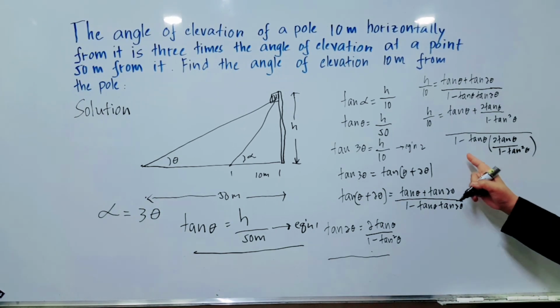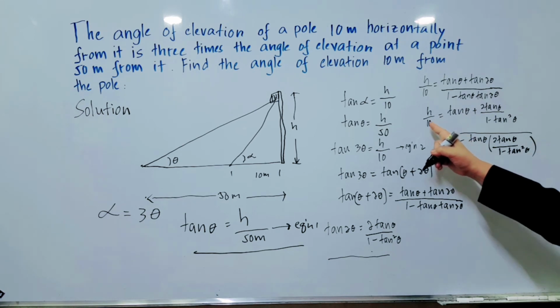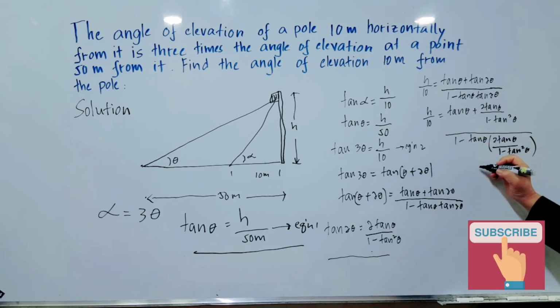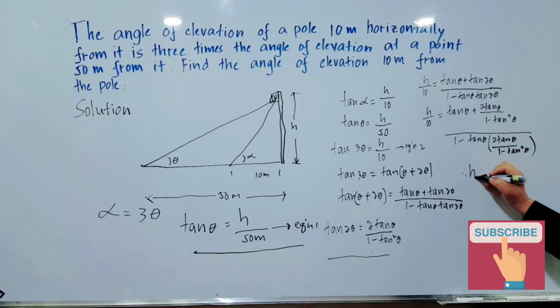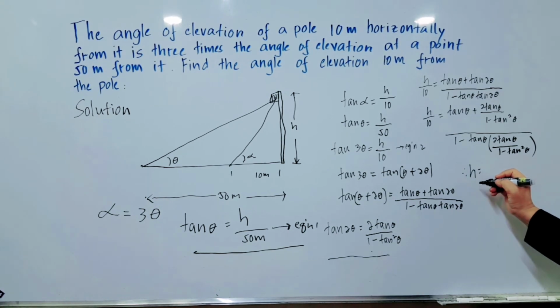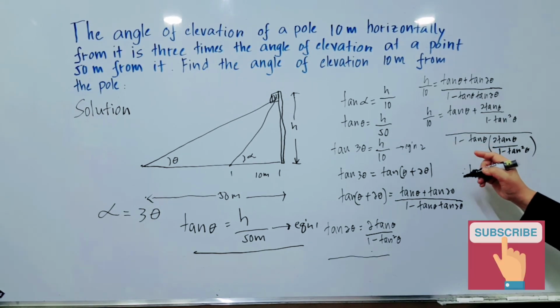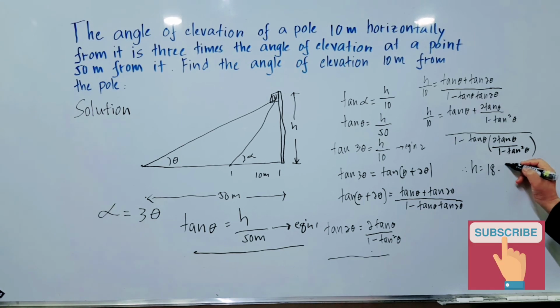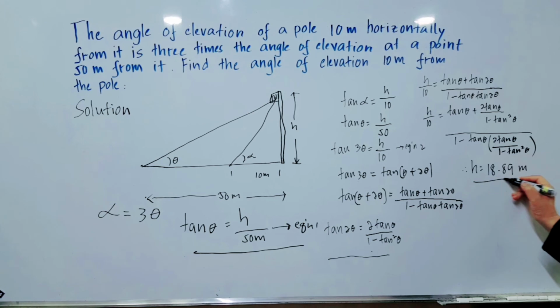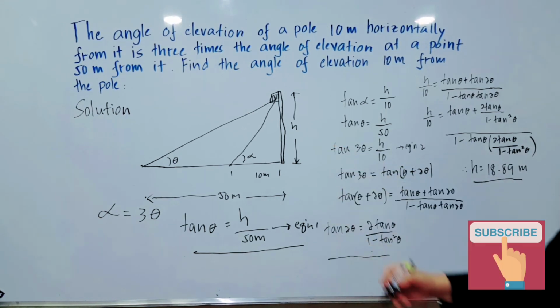So, simplifying all this, h therefore is equal to 18.89 meters. Yan ang height ng pole.